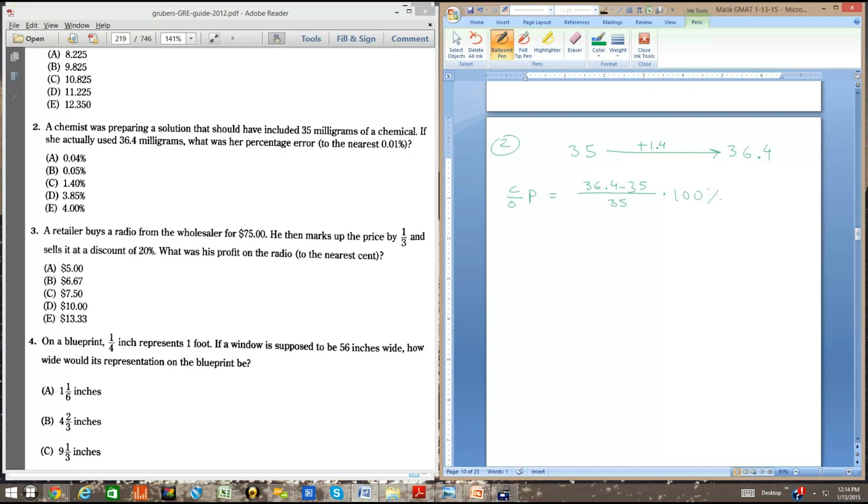So 35 at the bottom, 1.4 at the top, times 100%, which is 140 divided by 35. You can divide this by 5, 7, divided by 28. Divide this by 7, that's 4. That's just 4%.